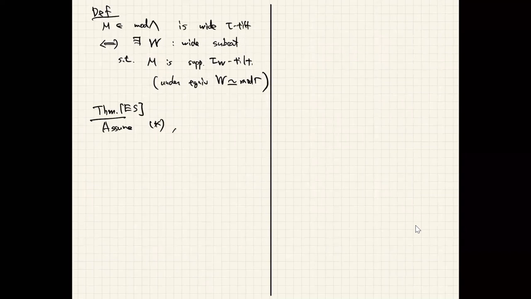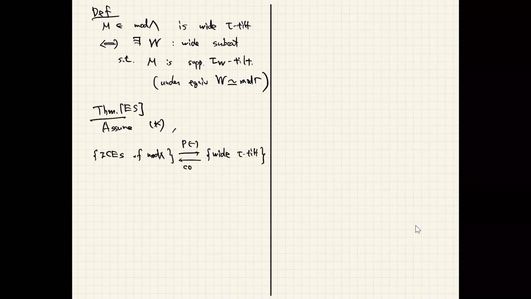Then this theorem easily follows from the definitions and some investigations. By assuming this star condition, we have a bijection between ICE-closed subcategories, and by taking progenerators, we obtain wide tau tilting modules. And the cokernel of wide tau tilting modules is ICE-closed subcategories, and these two maps are mutually inverse to each other.